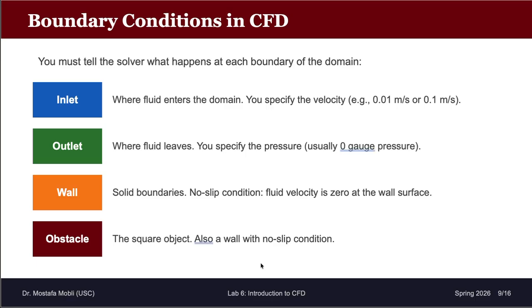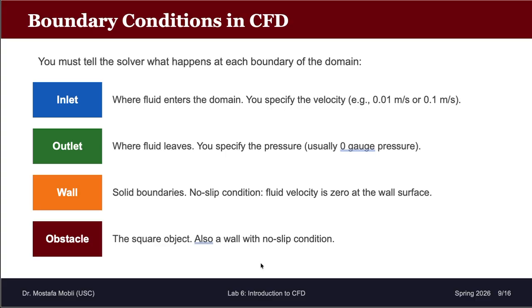Okay, what is it that we are going to set for our boundary conditions? Our geometry is essentially going to be a small square in a bigger enclosure or control volume, right? For this, we need to define an inlet where the fluid comes into the control volume, and an outlet where the fluid goes out of the control volume.